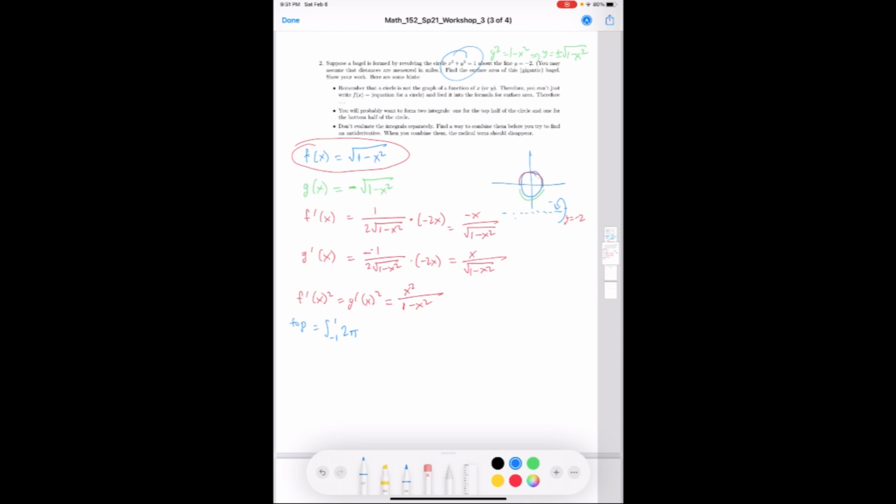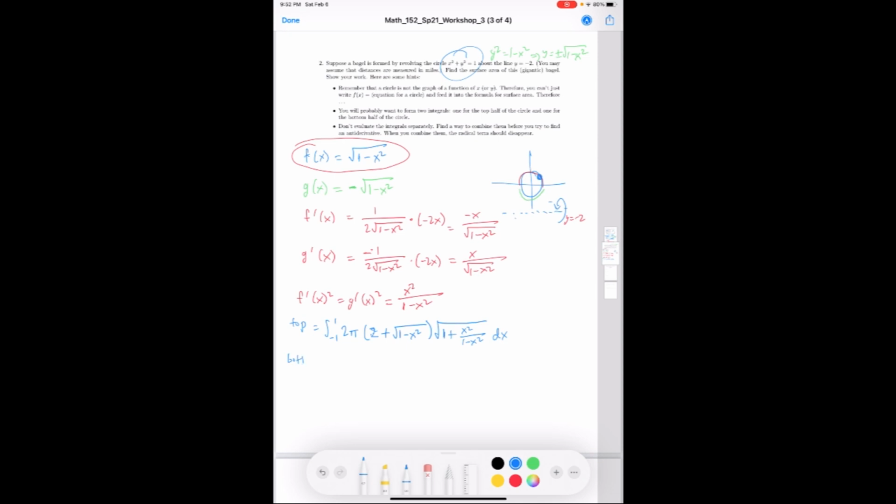Now recall the thing we multiply by is going to be the radius, so this is going to be 2 plus the square root of 1 minus x squared, that's the radius, and then times the square root of 1 plus x squared over 1 minus x squared dx.